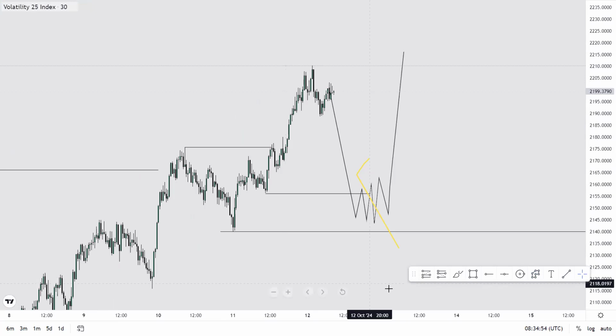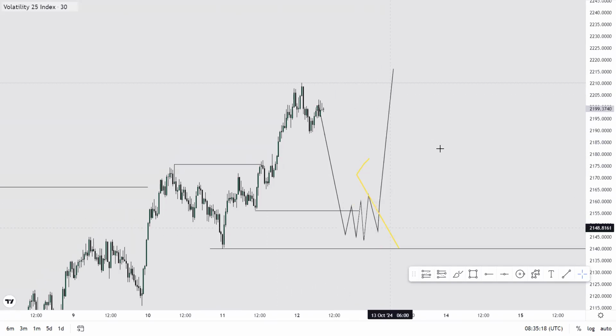I'm not even going to be looking for sells because it's a retracement and there's no visible area for a sell continuation. Currently, the last break of structure is to the upside and we already have an untested zone here. You can see this void area. So I'm expecting the market to give a continuation setup.